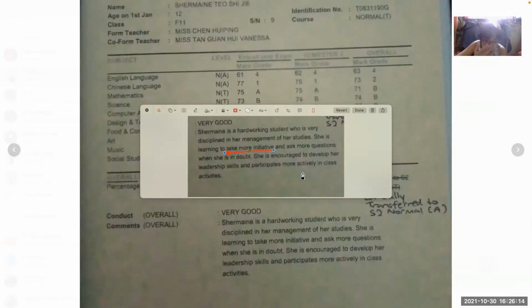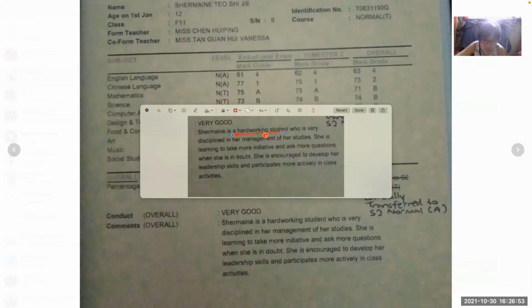You know what initiative is? That means you initiate. You don't wait. This one also very good. Ask more questions. Can you see the comments by your teacher? Ask more questions when in doubt. So that means you are not waiting for people to give you answers. You ask more questions, which is good. These two comments, take more initiative, ask more questions, I feel very good. You should keep it up.